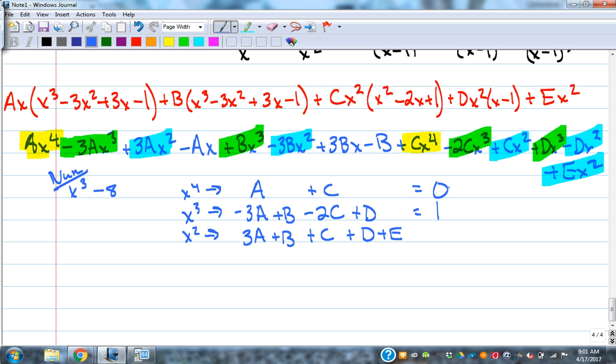Oh, hold on, that's a minus 3b, sorry. I'm looking at the wrong colors. It should be minus d as well, yeah. And how many x squareds are in the numerator? None, so it's equal to 0.